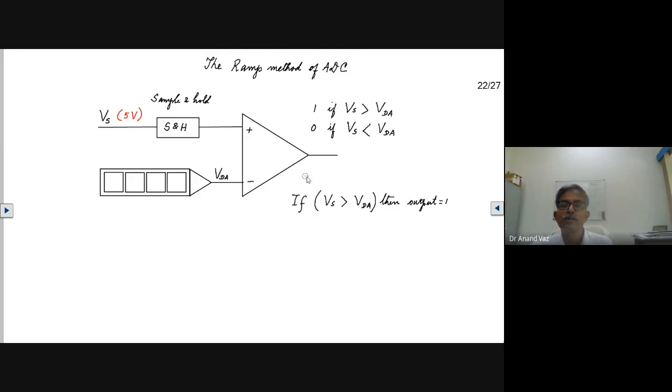Let us say initially you start with a count of 0, and then you increment this count because the output is 1.